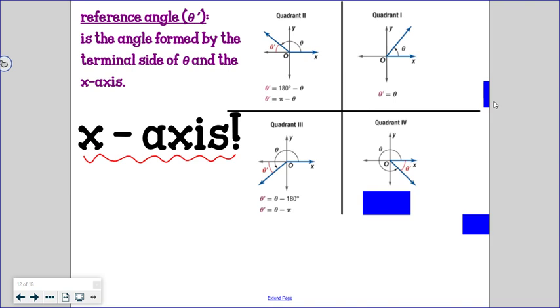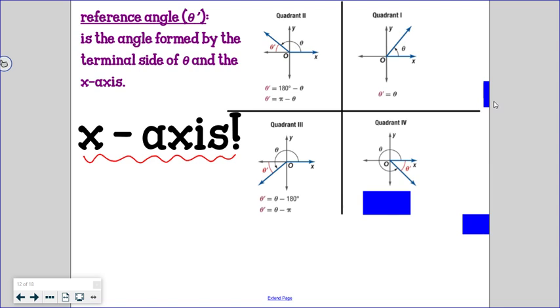Well, a reference angle is actually your distance to the closest x-axis. Distance is positive. It doesn't matter how we got to our angle or which direction we're talking. Distance is positive. I wouldn't say that we're going 2 miles to Elkhorn High and negative 10 miles to Gretna High, right? Distance is positive no matter which way it's going. A reference angle is always positive.